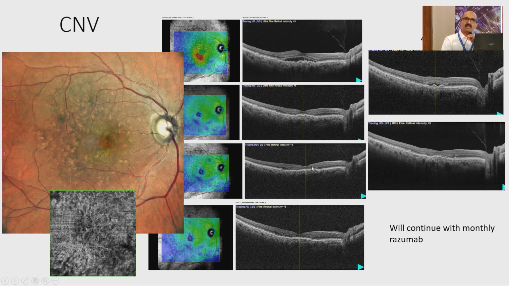So what I do is I keep giving 3 injections. The retina is flat and nice. So then I have to make a decision. Should I go with a treat and extend regimen or should I take a PRN regimen? I know the disease is responding well. I know treat and extend is the best treatment of choice for him. But I select a PRN regimen.